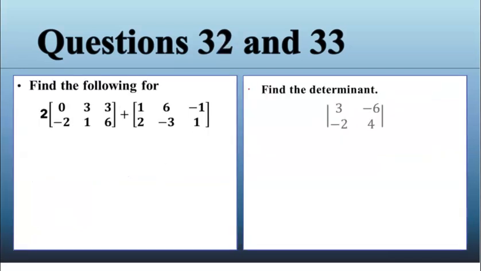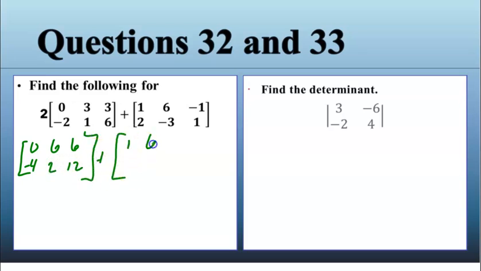Question 32. Find the following. Here we're just going to multiply by the scalar and then add our answers. So this would be 0, 6, 6, -4, 2, 12. And then we're going to add this matrix.